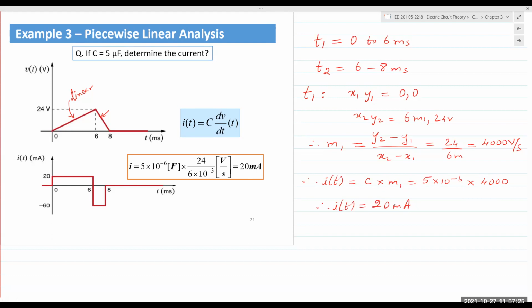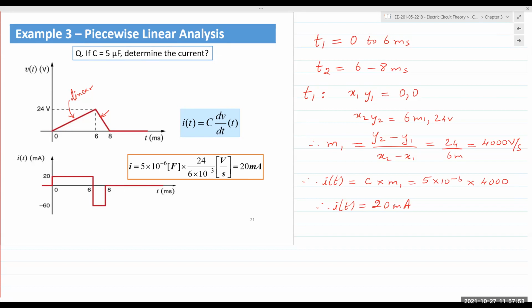So you break it up into multiple pieces. Each piece is linear with time. You can use the slope-intercept method to actually describe that voltage also, which is on the handout that I've posted on Canvas as a second problem. Both problems are solved the same way, but the second problem asks for power. Then you need to write an equation for V of t, meaning the actual equation for the line, not just the slope.